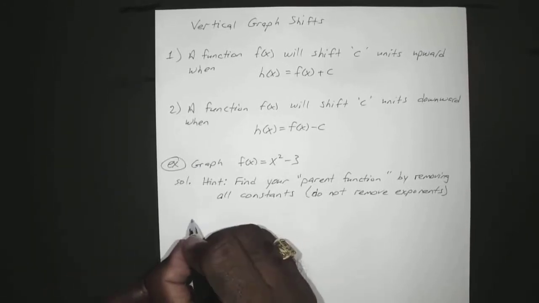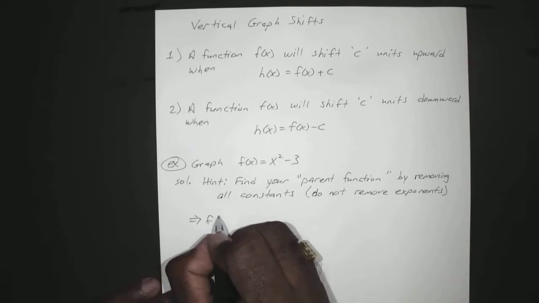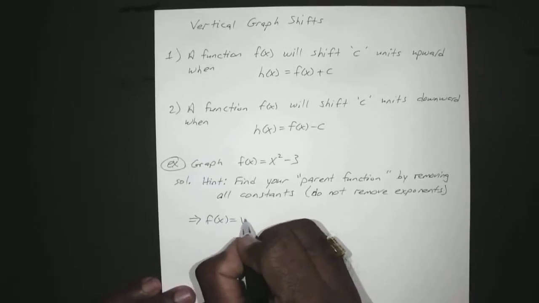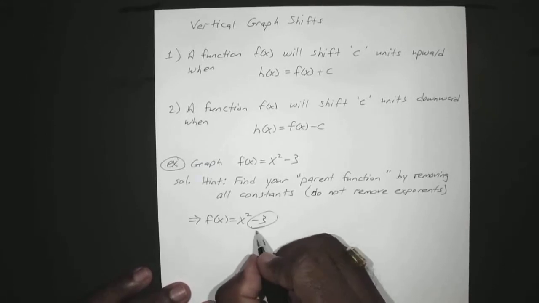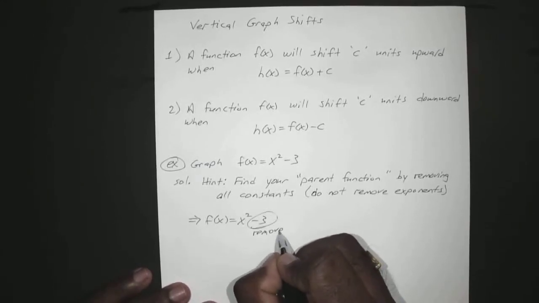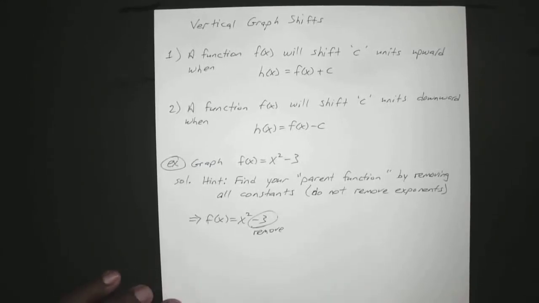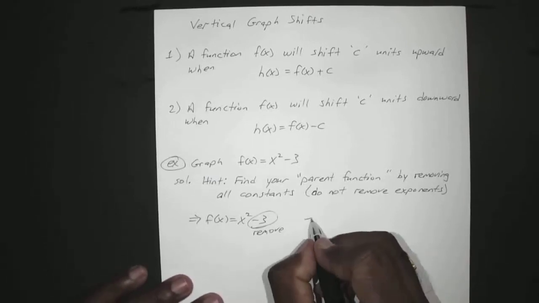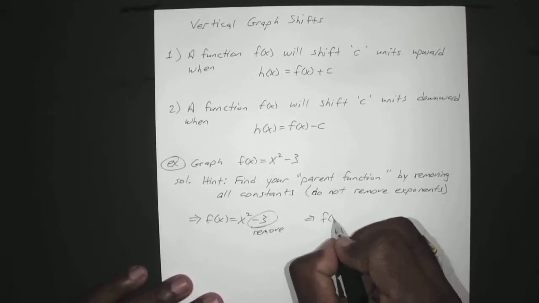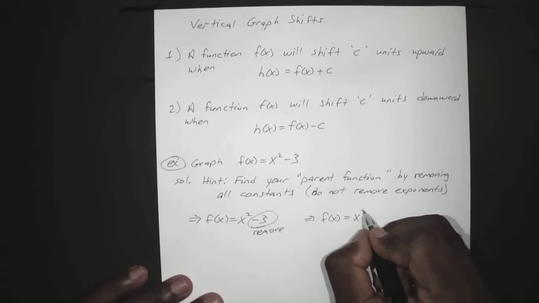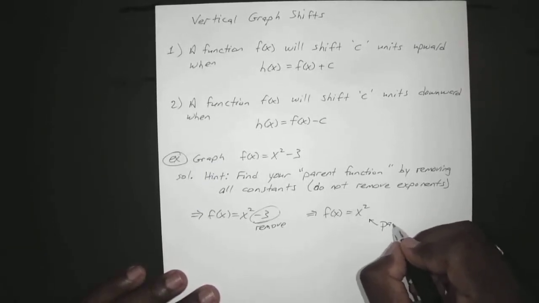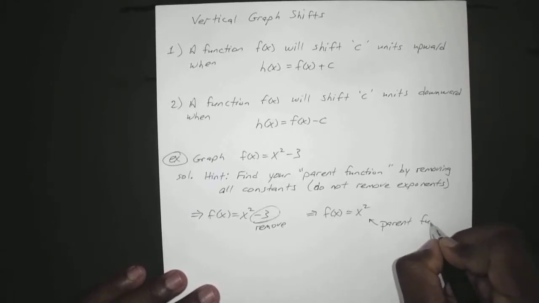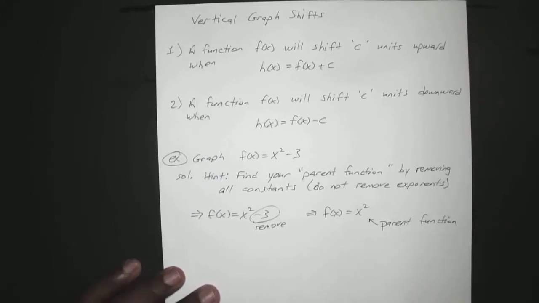So if you have f of x equals x squared minus 3, then you remove that minus 3. So that would just leave you with f of x equals x squared. Okay, so this is your parent function, which means that's where everything's going to start, just with x squared.